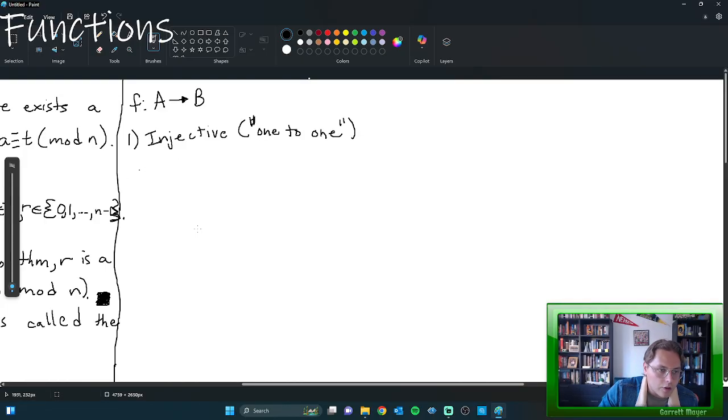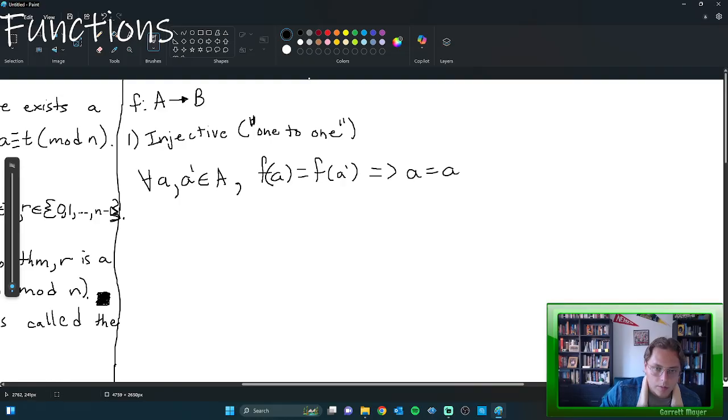Basically, the formal statement of it is, for all a and a prime, f of a equaling f of a prime implies that a equals a prime.